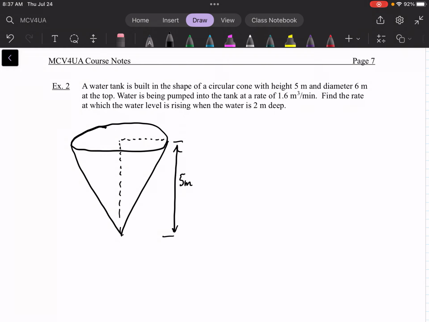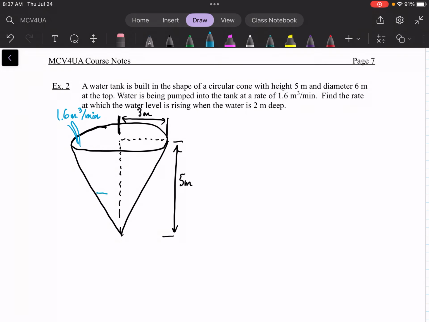I know the diameter is 6 meters at the top, so the radius, because usually we're just looking at radius when we're talking about these kinds of things, is 3 meters.